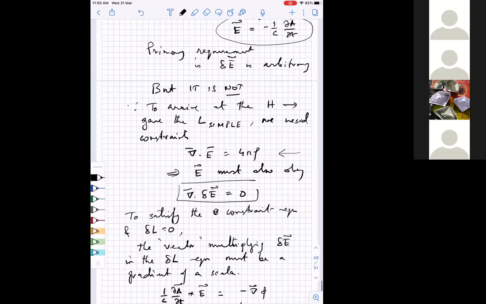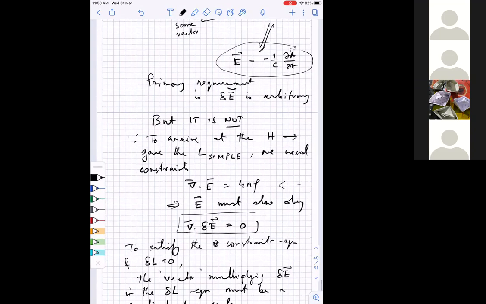So the whole point of this exercise was that when we manipulate and something becomes simple, you have to be careful when you want to go ahead with it. Seemingly unphysical or unreasonable answers we can get, because in doing this manipulation we have used some equations which we have forgotten later, and then our assumptions later may not be valid.